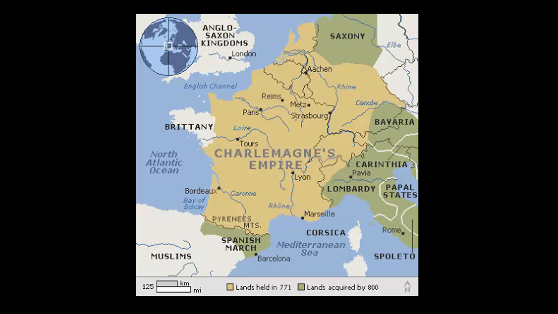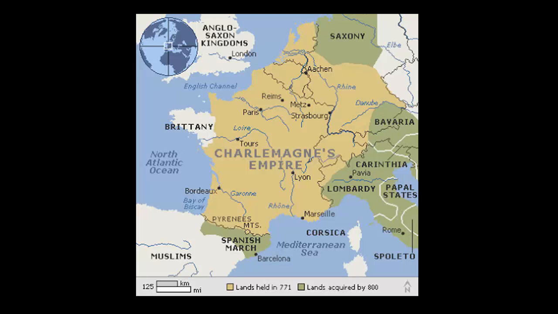So this is a look at what would have been Charlemagne's empire. And we see that it stretches from the Danube and Rhine regions of what is today Germany, as far west as the western borders of France and down to the edge of the Pyrenees Mountains.